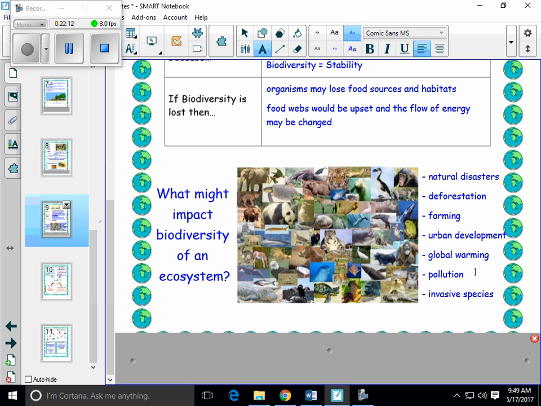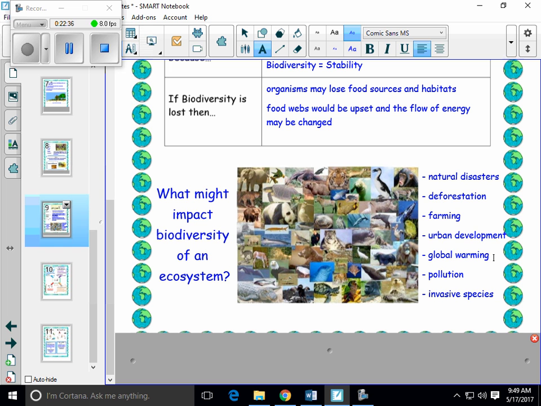And then the rest of the list is all due to human intervention: deforestation, even farming, which seems like a good thing, and it is. But when you farm, you're only planting one type of thing, so there's no diversity at all there. Urban development, more houses, more shopping malls, more parking lots. Those are all things that decrease biodiversity.